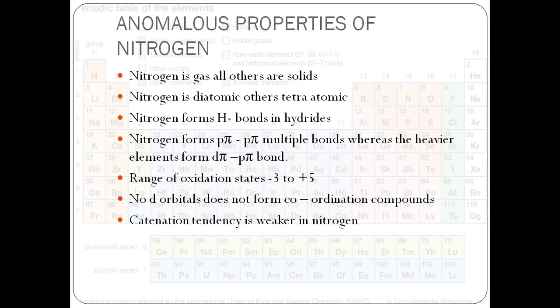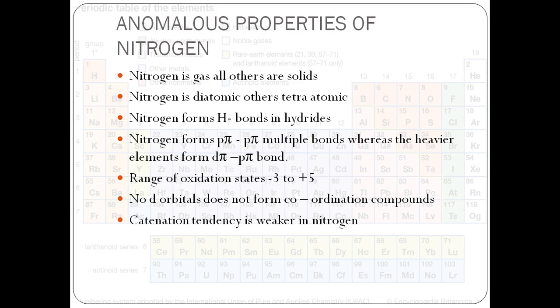You have also studied that the first member of each group behaves differently from the rest of the members of the same group because of its small size, high electronegativity, high ionization enthalpy and non-availability of d orbitals. In group 15 also, nitrogen shows anomalous behavior.